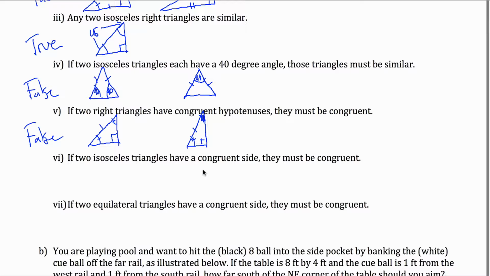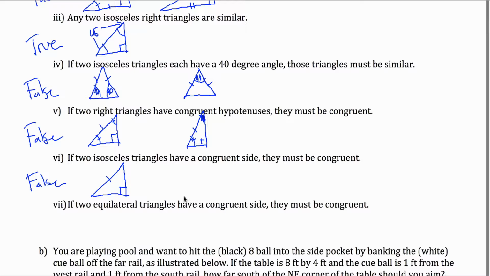Number 6: if two isosceles triangles have a congruent side, then they must be congruent. That's another false statement. Let's see, here I could reuse that picture. It's an isosceles triangle, and its hypotenuse I'll label with a 1.